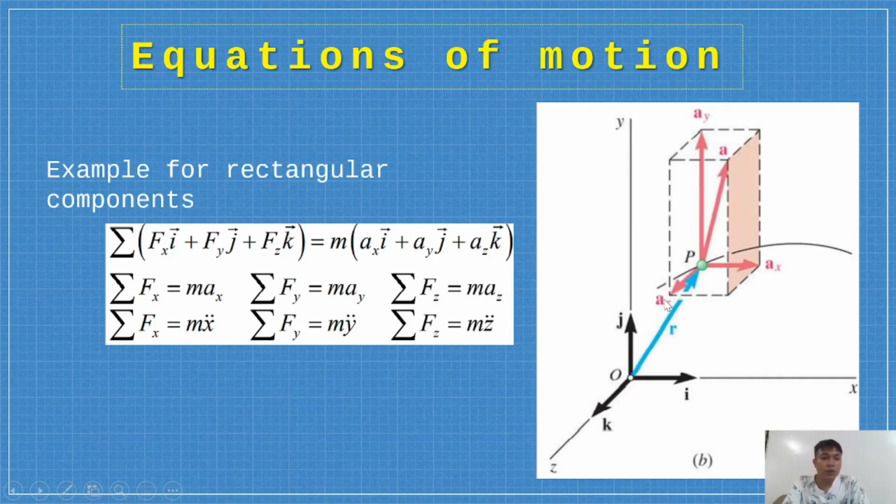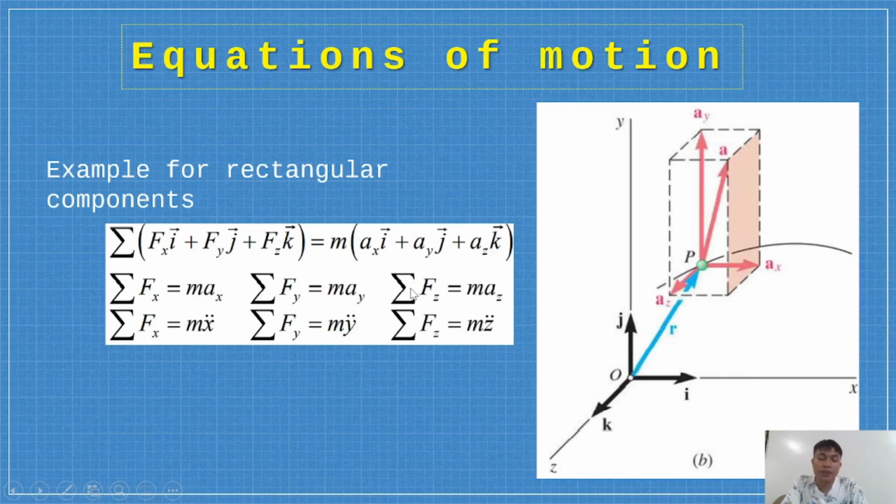For the rectangular components, the summation of the forces along the x-axis, y-axis, and z-axis is equal to the mass multiplied by the acceleration along each axis. The summation of Fx is equal to the mass times the acceleration along the x-axis. For the y-axis, the summation of Fy is equal to the mass times the acceleration along the y-axis.